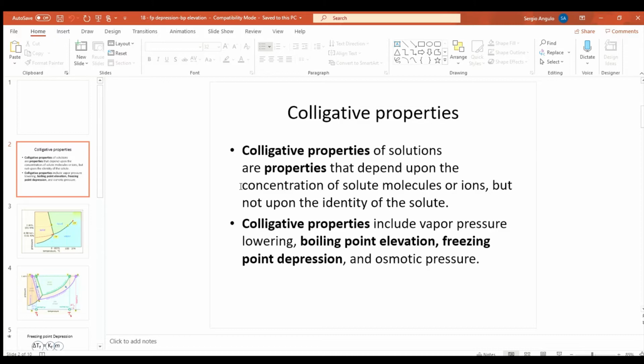Now, how much of an effect might be different depending on the substance, because what's important is the amount.